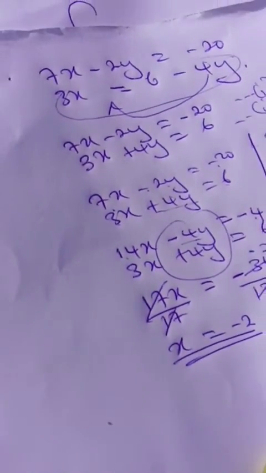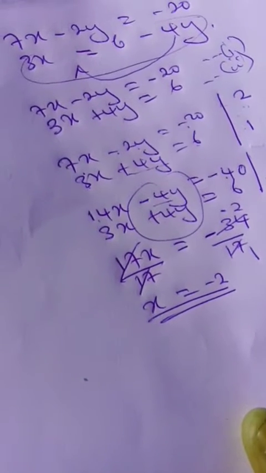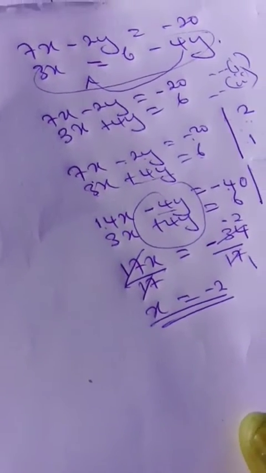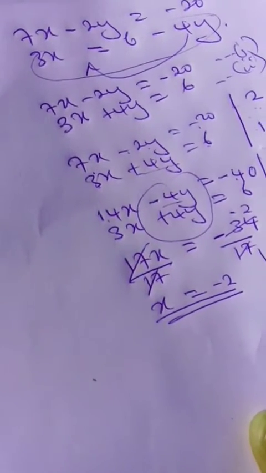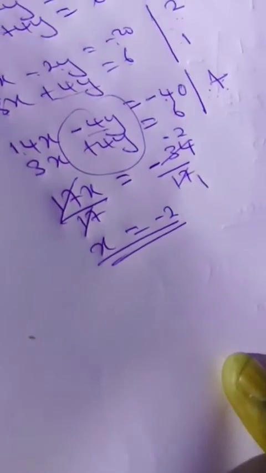As simple as this, you can get the values for the simultaneous equation. So you have to listen carefully and follow all stages as they are. Right, as you see here, it's well explained. So I'm going to find the value of y. How to find the value of y? We have to substitute the value of x into either the first equation or the second equation.